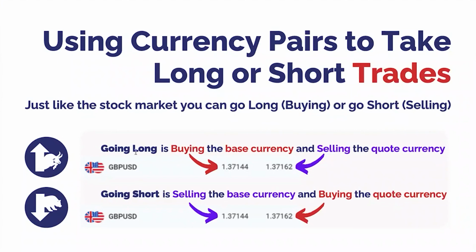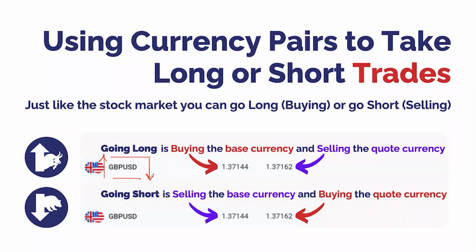So using our example, if we're saying that we want to go long on GBP versus USD, what does that actually mean? That means as speculators and as traders, we believe that the GBP is going to increase against the dollar for whatever reasons, okay? Economical reasons, charting reasons, we're going to get into that, but essentially we believe that that's going to go up.